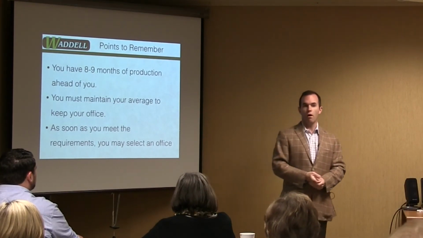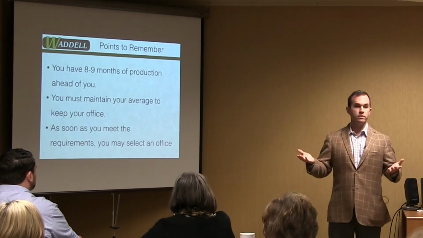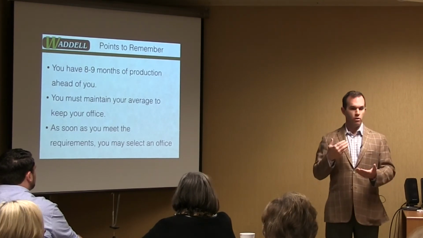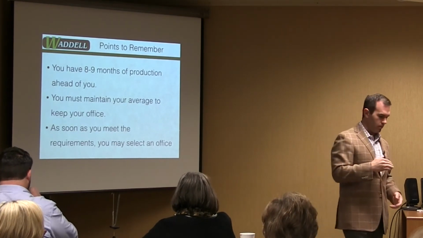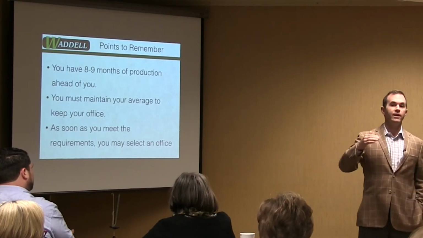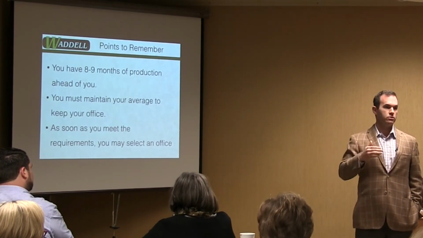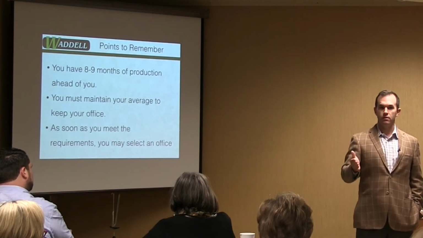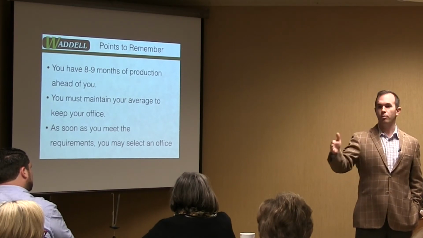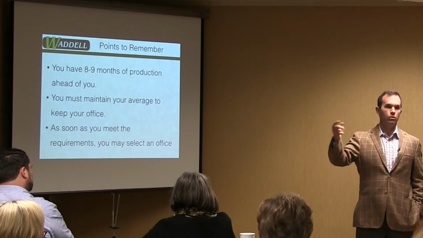If you don't meet those requirements, as soon as you do, you get to select an office. So if by the time we move in an agent doesn't meet one of those requirements, we'll look at your average monthly, and as soon as you meet that requirement, that will be your move-in date, and that will be your annual review date.